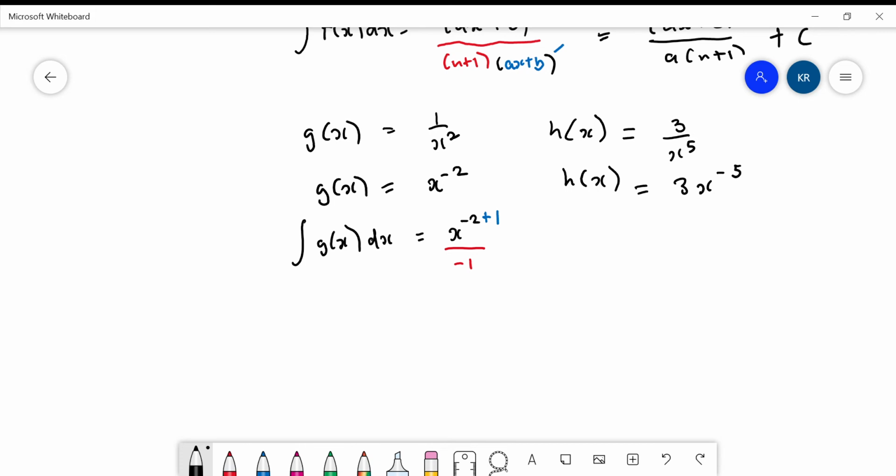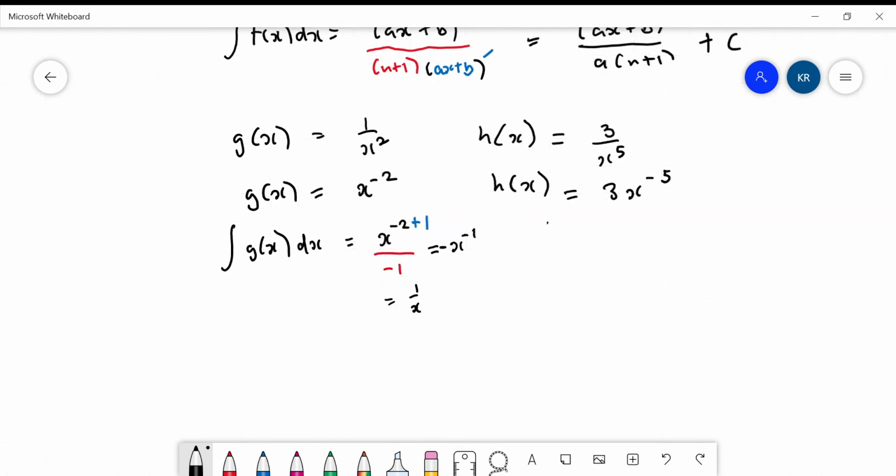So this becomes negative x to the power of negative 1, which is negative 1 over x. So if we are going to integrate h of x now, we do the same thing. So we have 3x to the power of negative 5. The first thing we do, add 1 to the power, followed by dividing this by the new power, which is minus 5 plus 1, which is minus 4.